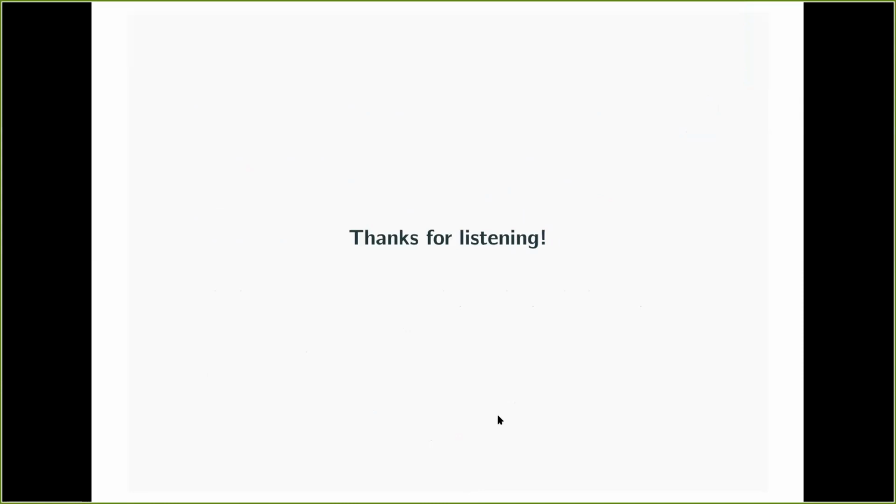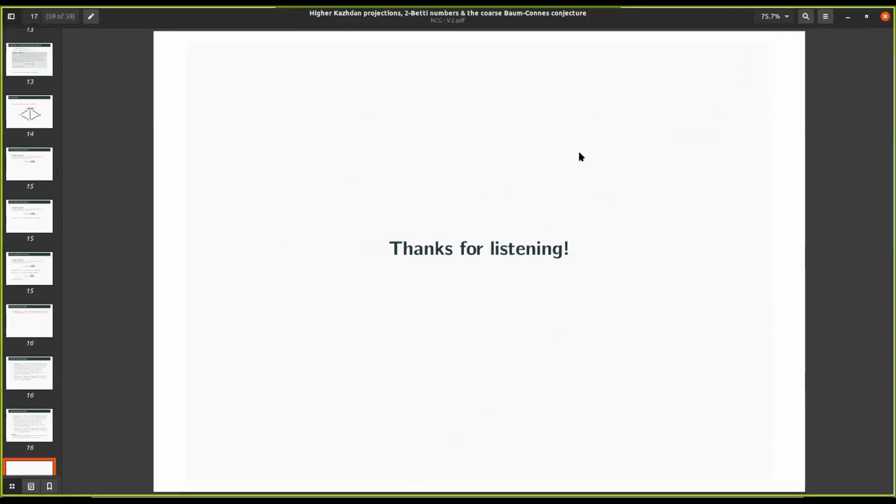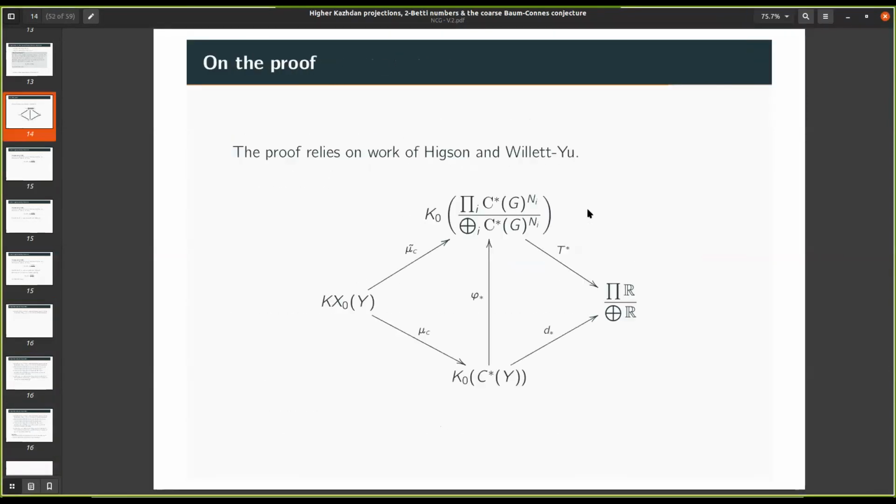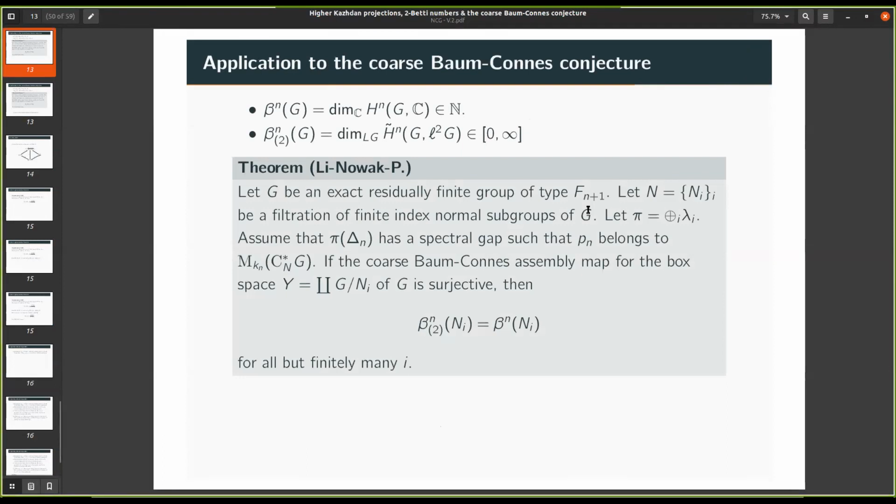I have a question. Yes, please. In the slide of your main theorem, could you give some examples of what kind of groups satisfy the assumptions? For example, free groups on two generators.